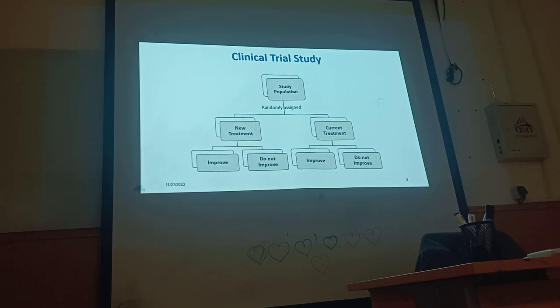If the risk of improvement is higher in the new treatment group, it means that the new treatment is effective. So we have randomly assigned people to two groups by chance.